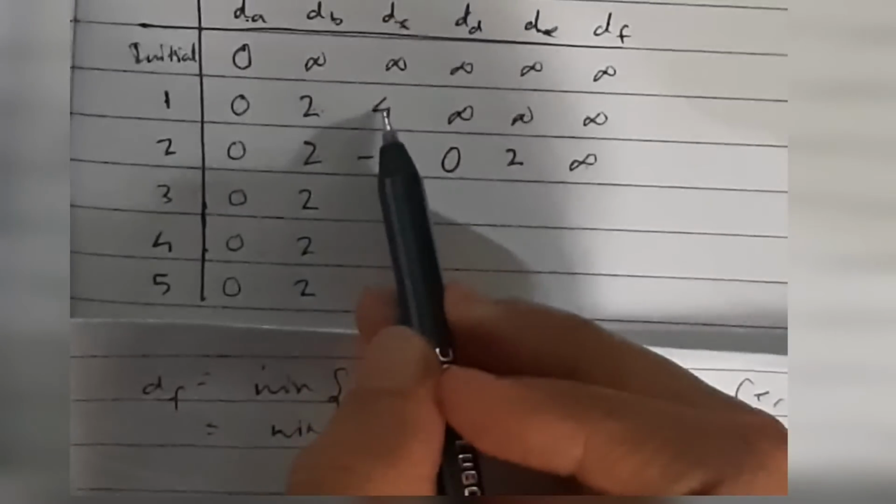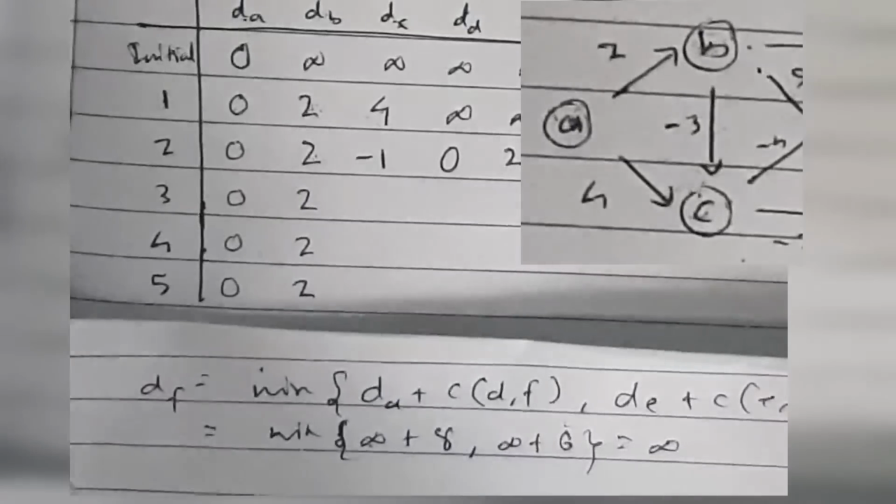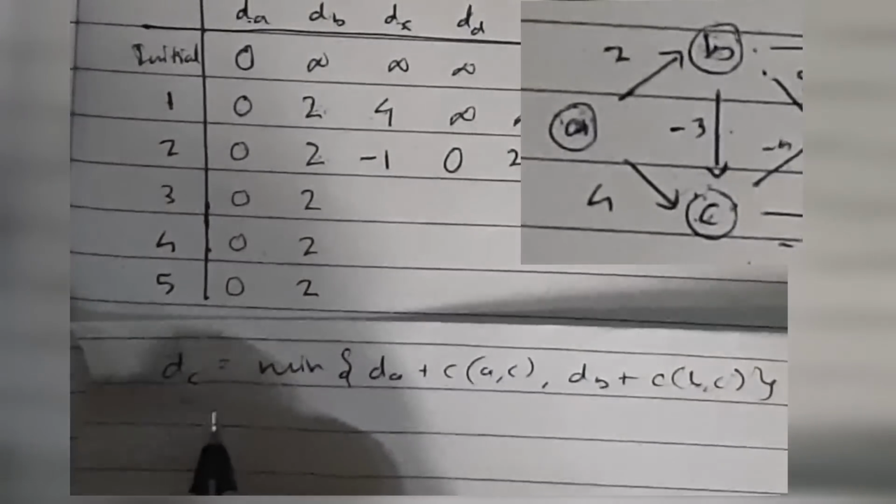Now to reach C, how many ways do I have? First one is through A and through B. So I'll write the formula: dC is equal to minimum among dA plus cost of A to C, comma dB plus cost of B to C. Now observe, what is dA from the previous value?